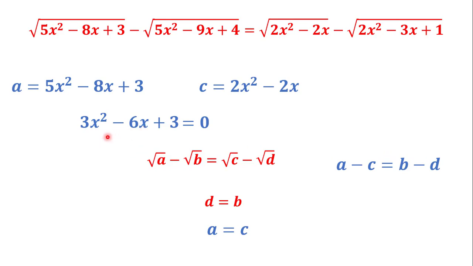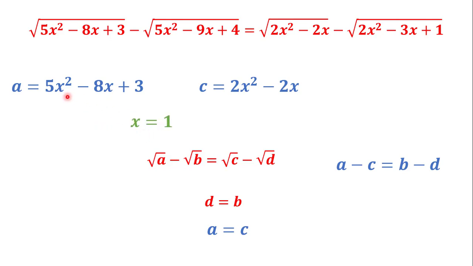Now we can divide all terms by 3, and we're going to get x squared minus 2 times x plus 1 equals 0. And by using the perfect square formula, we can write x minus 1 to the power of 2 equals 0, and x becomes 1.